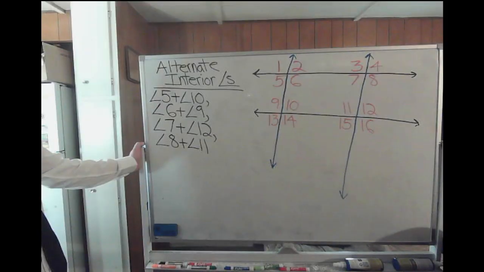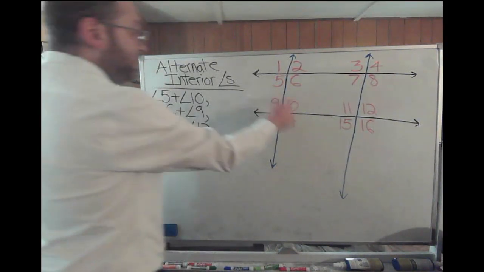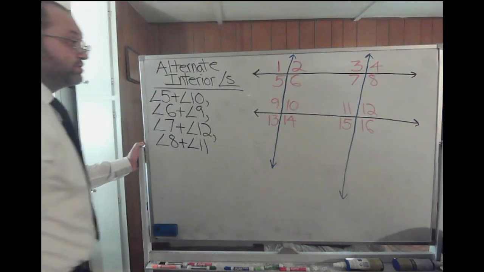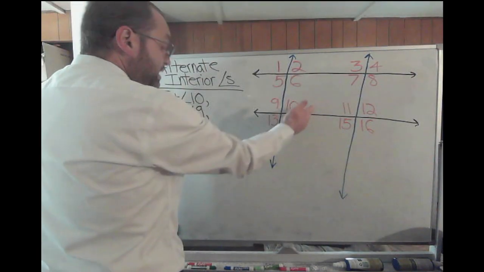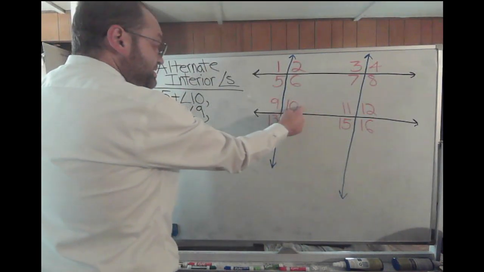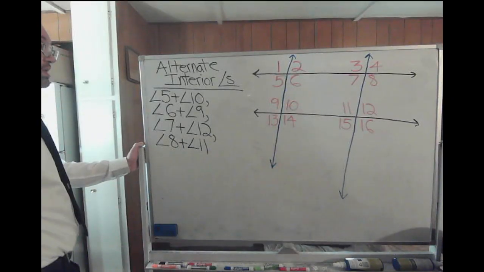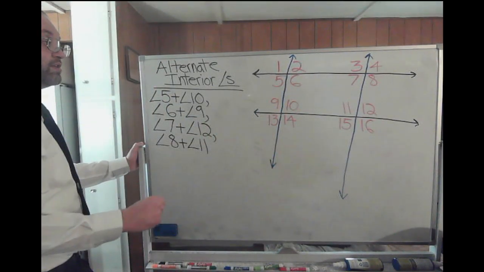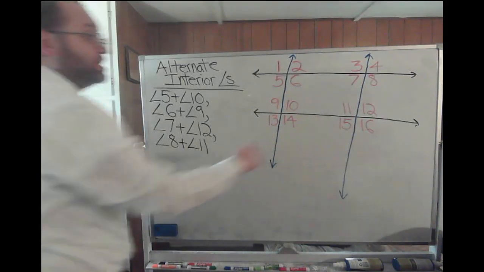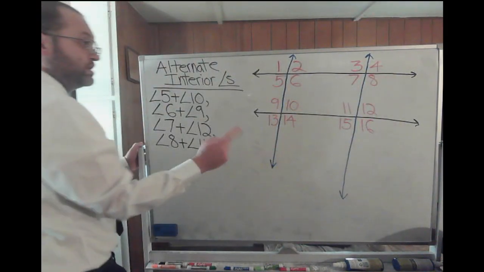So angle 5 and angle 10 are alternate interior angles because they both run on the two main lines, but they're on opposite sides of the transversal line. Same reason you get angle 6 and angle 9 as alternate interior angles. And then you get angle 7 and angle 12, alternate interior angles.